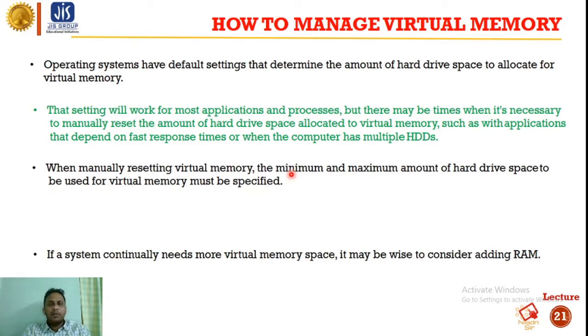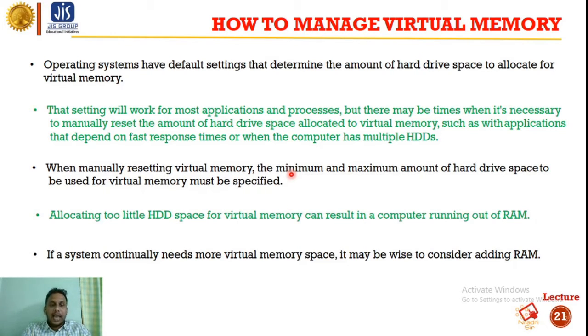Virtual memory can be used a single time, but if it is used multiple times, then we have to think about an extension of main memory or RAM. Allocating too little hard disk space for virtual memory can result in a computer running out of RAM. If we continuously do it, there must be a shortage of RAM.